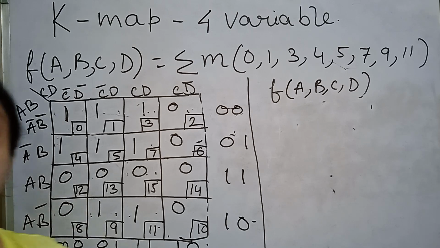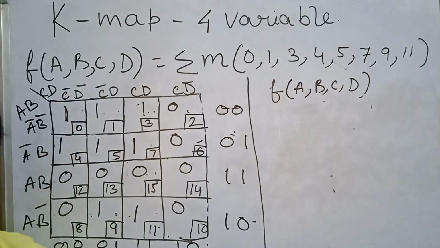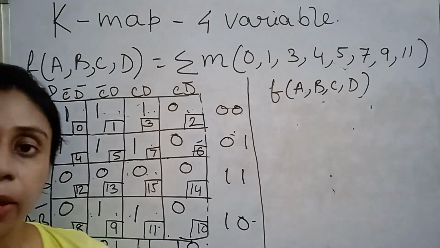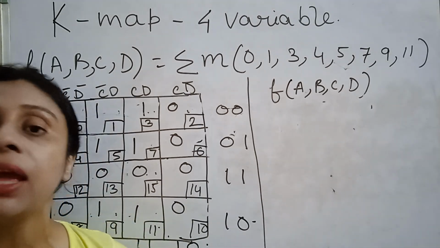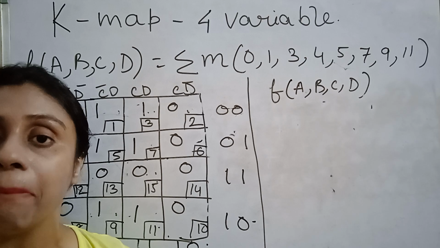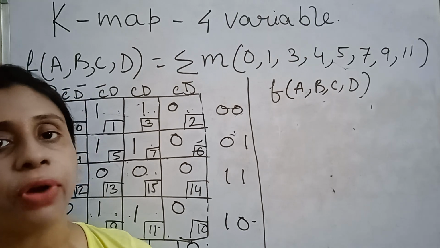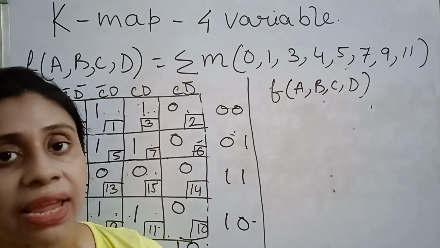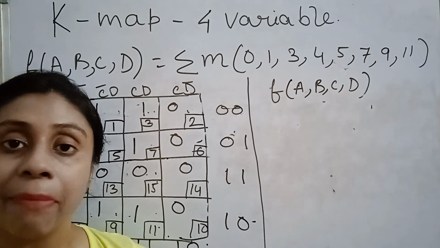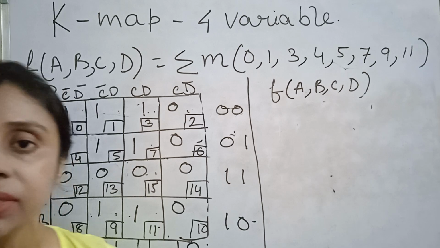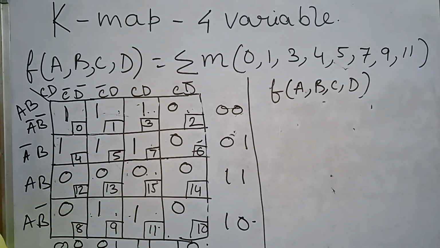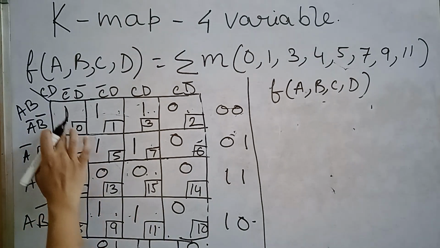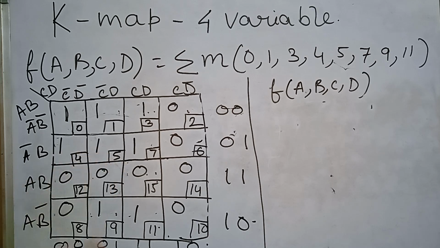While minimizing the expression using Kmap, one thing is very important to keep in mind: you need to put the maximum possible number of ones in a group, following the Kmap grouping principle. So see, these 4 ones can be in a group.